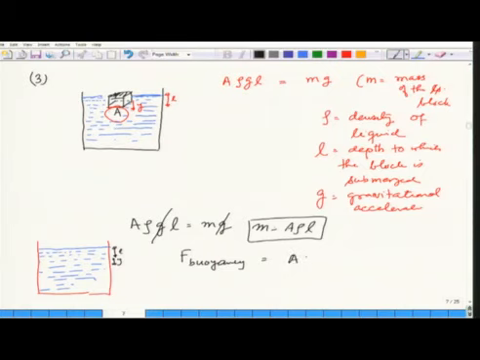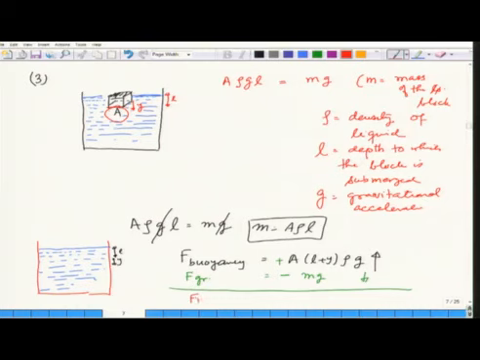So, area remains the same, A (L plus y) rho g, and this force is up. The buoyancy force is always upward, and the force due to gravitation is mg and is down. So, I can write the up sign as plus, and therefore, F net is going to be A L rho g minus mg plus A y rho g.